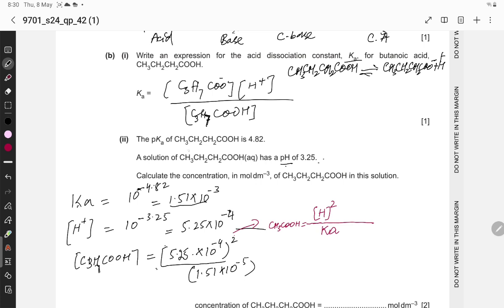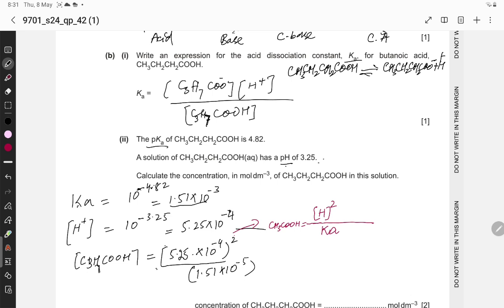The pKa of butanoic acid is 4.82. A solution of butanoic acid has a pH of 3.25. Calculate the concentration in mol per dm cubed of butanoic acid in this solution. So the dissociation constant Ka is equal to 10 raised to minus 4.82, since this is pKa.